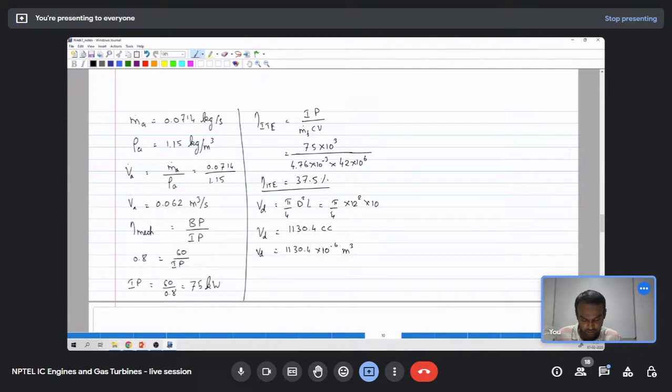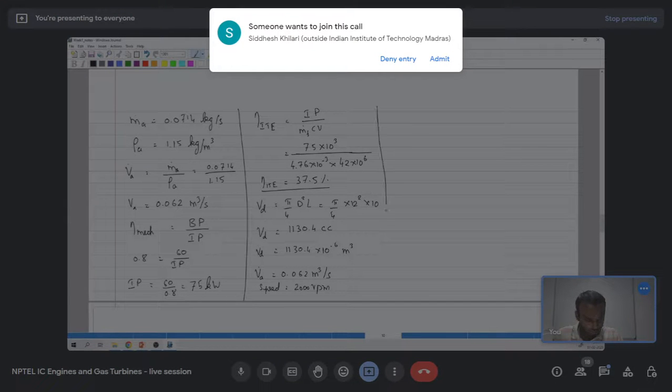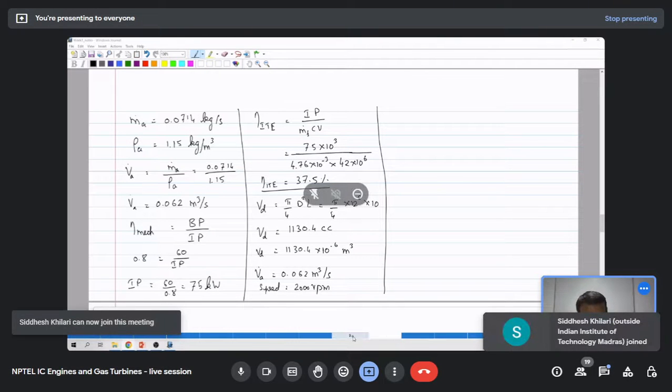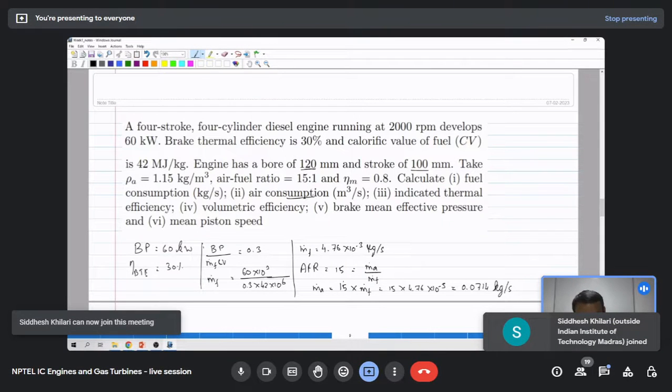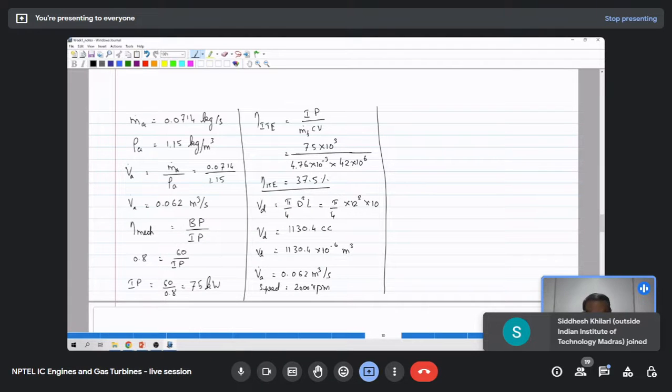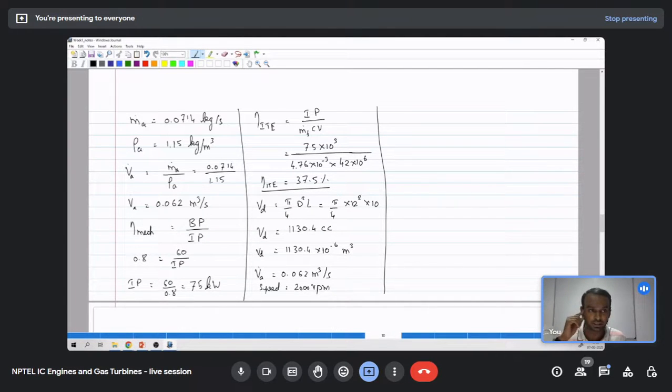We know this, and we have the volume V dot A, that is the actual air going in, which is 0.062 meter cube per second, and we know the speed of the engine is given as 2000 rpm, and it is a 4-stroke, 4-cylinder engine. That means we will have one engine cycle for every 2 revolutions.